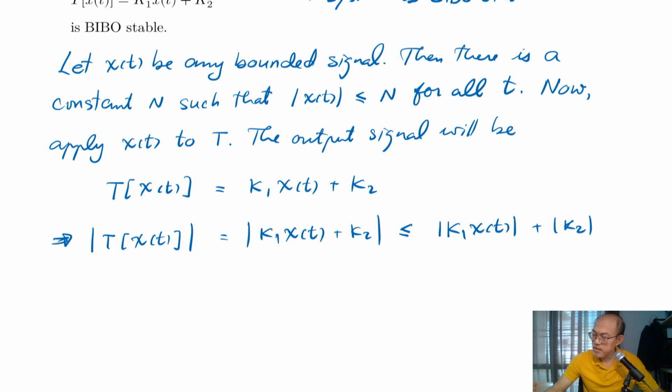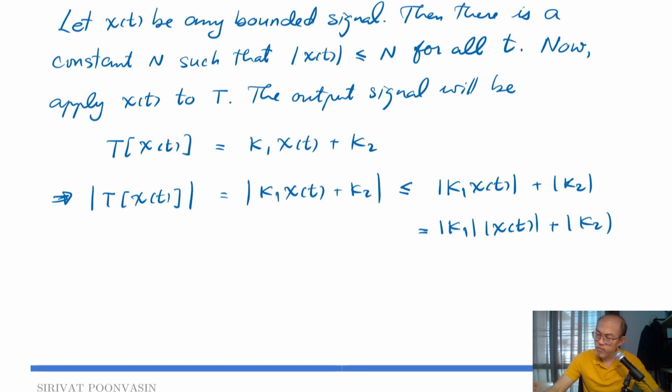Okay, and this is less than or equal to absolute k1 times absolute x plus absolute k2. Actually, this is equal to. But we know that the absolute value of x is not greater than n, right? So this is less than or equal to absolute k1 times n plus absolute k2. And we can take this as a number m.